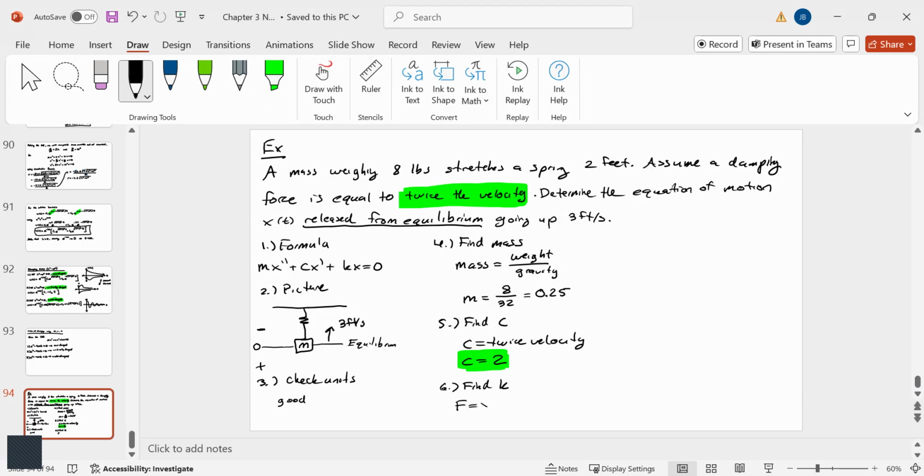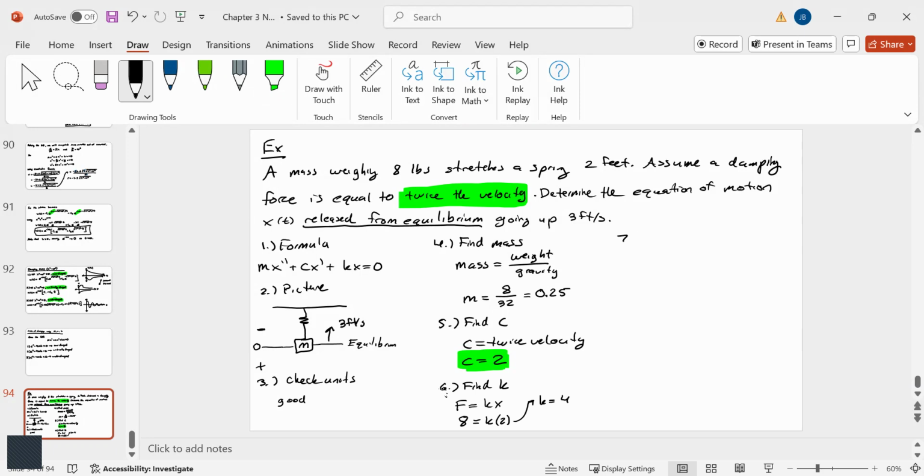Force equals k times x. So 8 pounds is equal to k times 2 feet stretched. So then k is equal to 4.